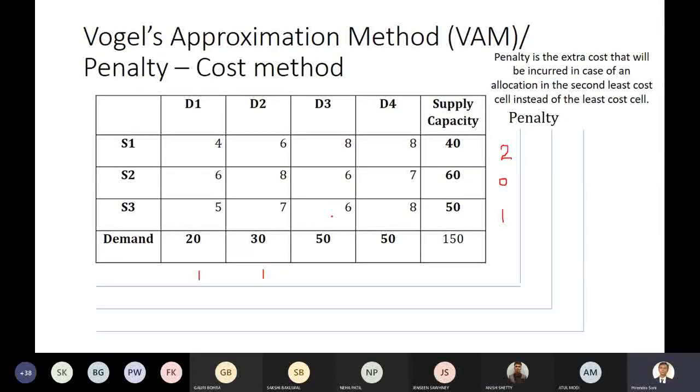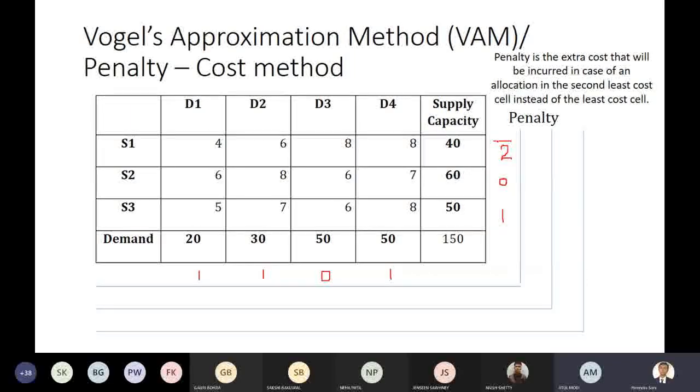The penalty would be 0, because we have got two options available for 6. So 6 minus 6, it would be 0. What about this? 8 minus 7, 1.